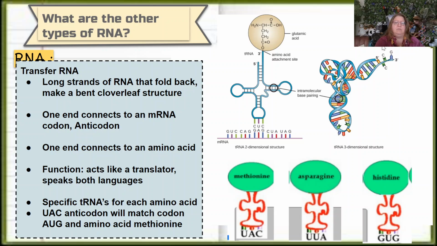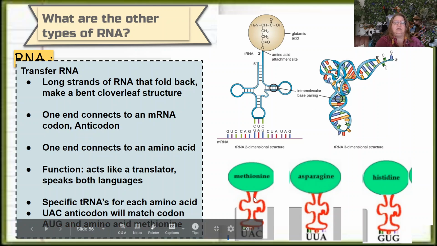And the thing to remember, or the thing to know about tRNA is the specificity of the anticodon to the codon also applies to the amino acid that it brings. In other words, the anticodon that matches to the codon is also going to bring the correct amino acid.